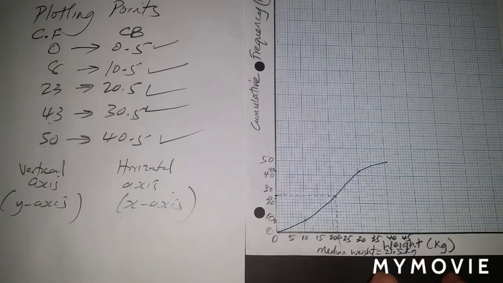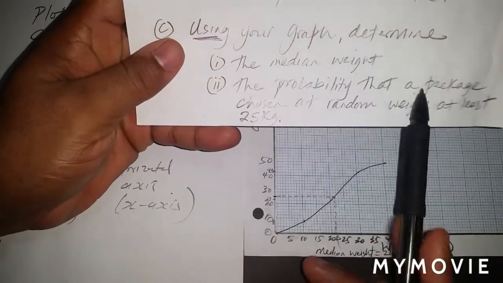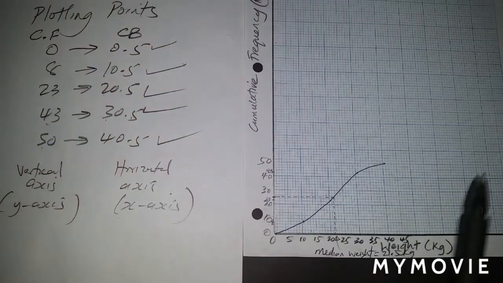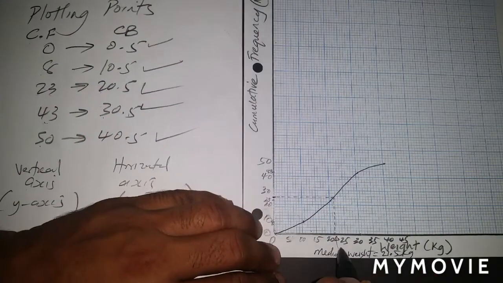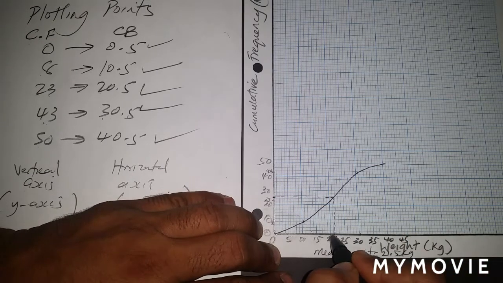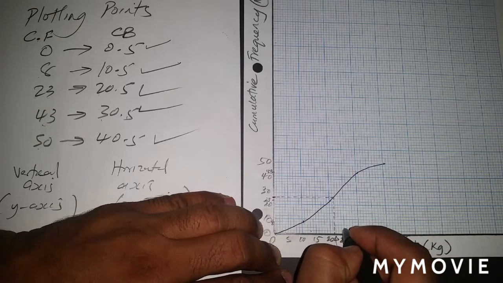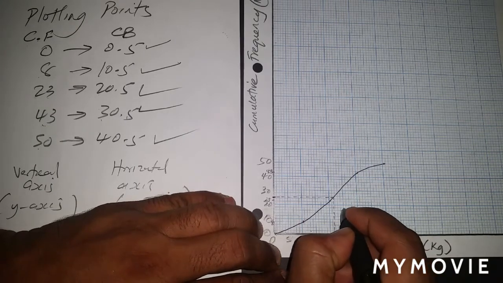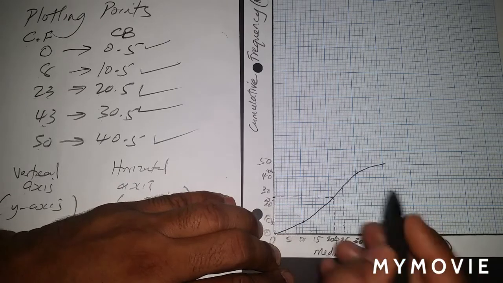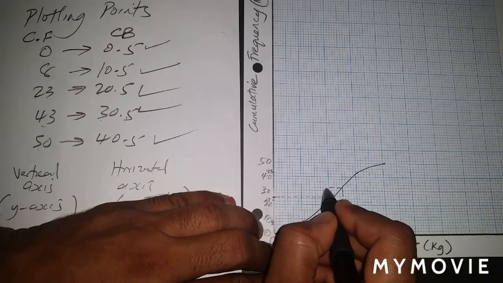Okay, so the next thing they ask us to find is the probability that a package chosen at random weighs at least 25 kilograms. Now, all we need to do is locate 25 kilograms on the x-axis, which would be, this is 20, 21, 22, 23, 24, 25, and there's a line there already, but just for emphasis, we're going up now, and we want to determine how many packages weigh 25 kilograms or more.